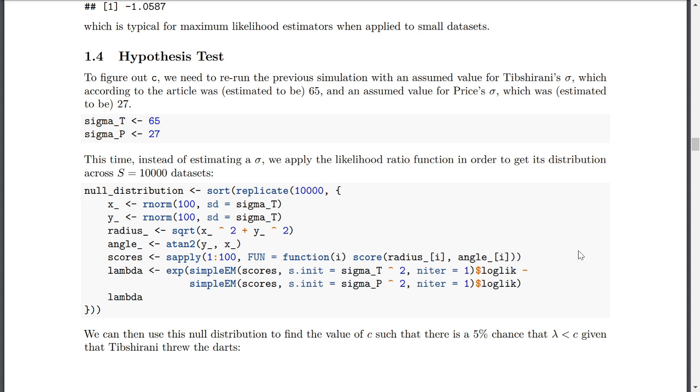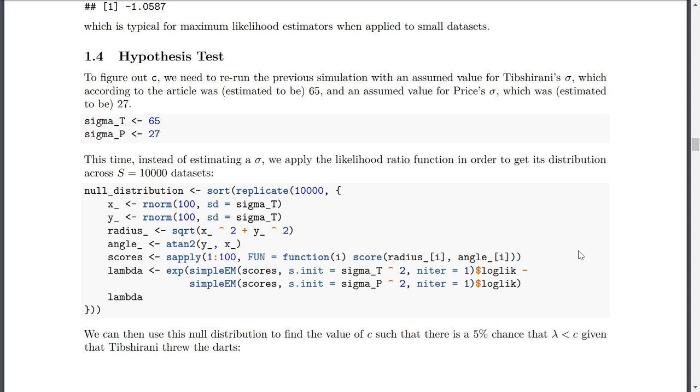But it is a related procedure where you repeat this S times or whatever: draw 100 x and y coordinates, convert them to polar coordinates, apply the score function to those, then calculate the estimator under the assumption that sigma is from Tibshirani and get that log likelihood.